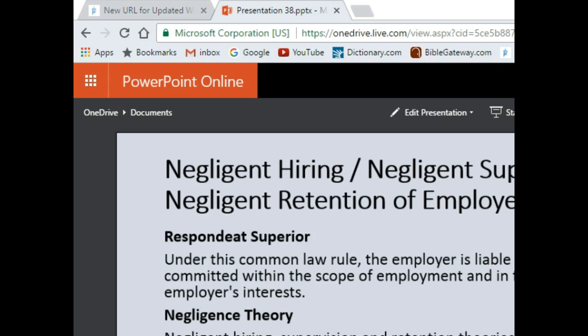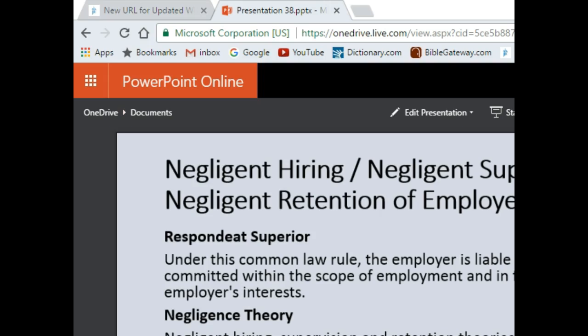So as a fallback, if you will, there could be a negligence theory that's been asserted, and that negligence theory falls within the framework of the torts of negligent hiring, negligent supervision, and negligent retention of employees.